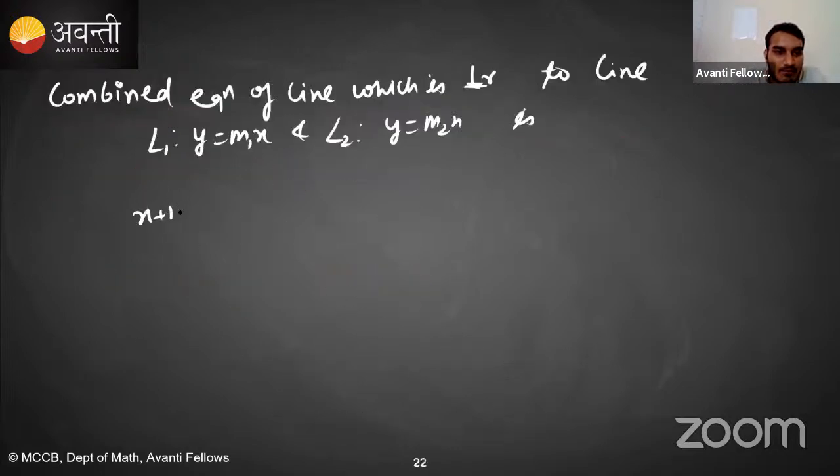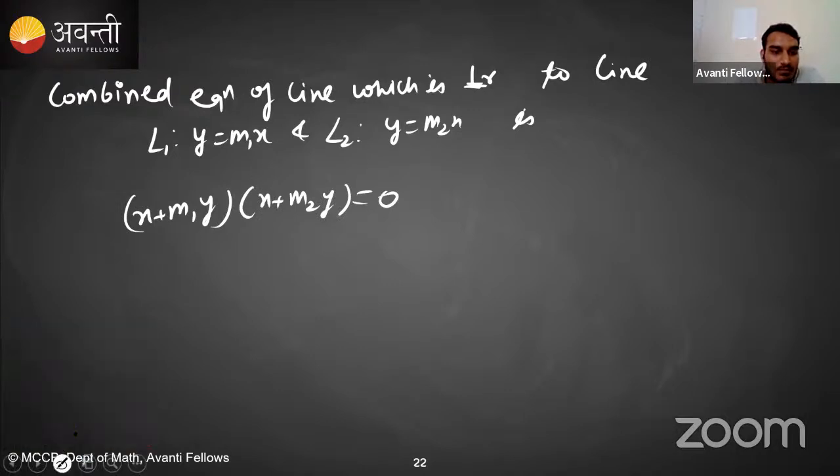So x plus m1y into x plus m2y is equal to 0. Now just multiply. What is this? x square plus the xy coefficient is m1 plus m2 into xy plus m1 m2 y square is equal to 0.